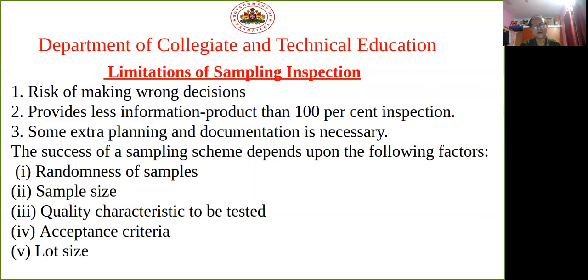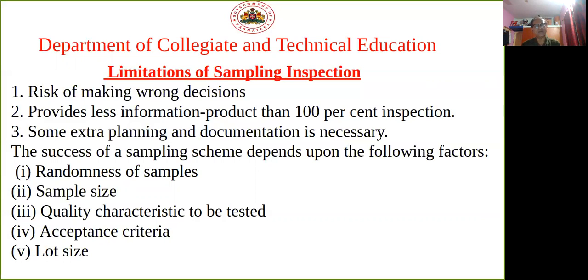There is a risk of the wrong decision. Sometimes the risk of wrong decisions will be borne by the producer, and sometimes by the consumer. So that is the main disadvantage of acceptance sampling inspection. That is the first disadvantage.